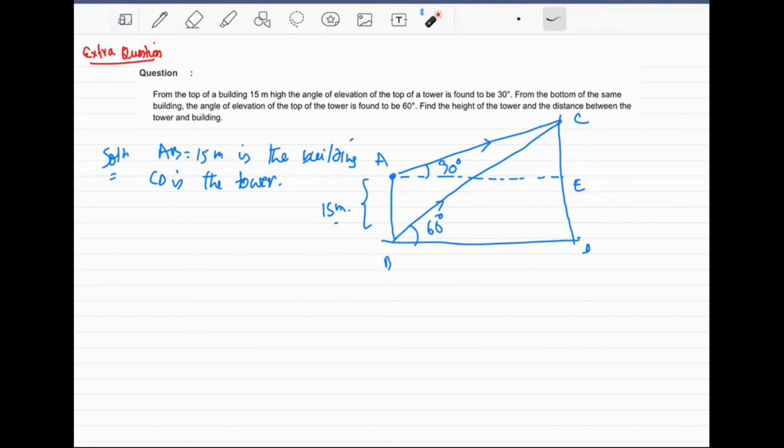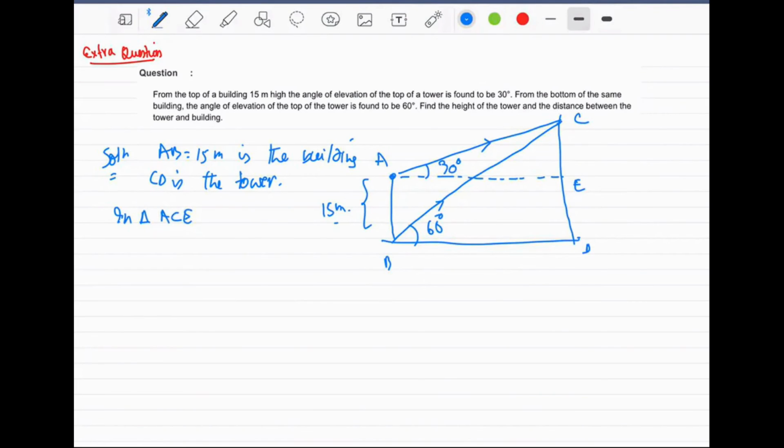So you can start with the small one and move on to the bigger one. Let's start with the smaller triangle right here, in triangle ACE.